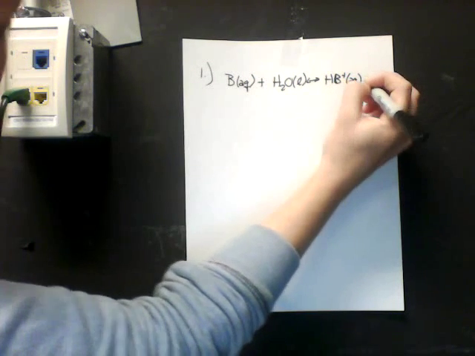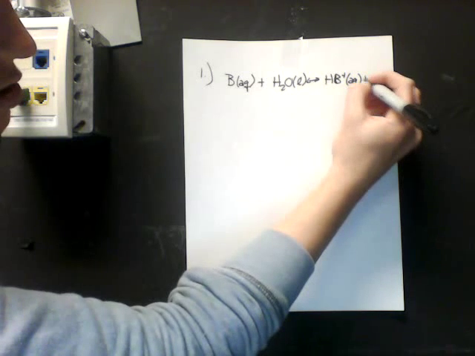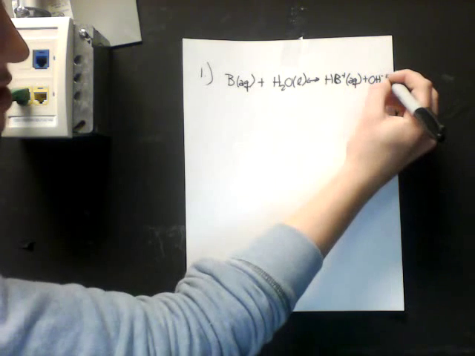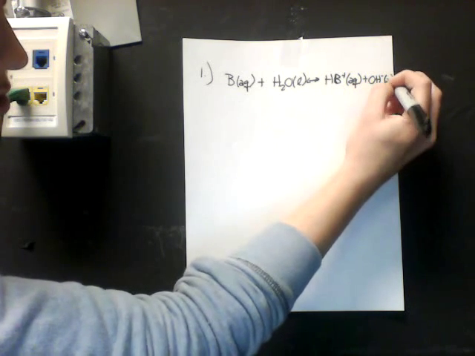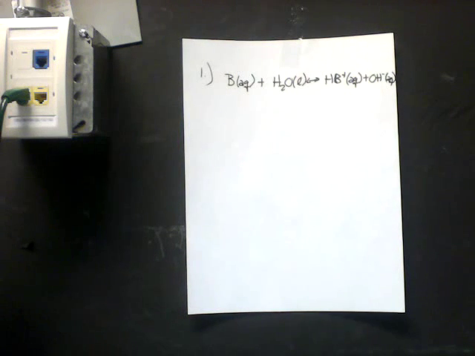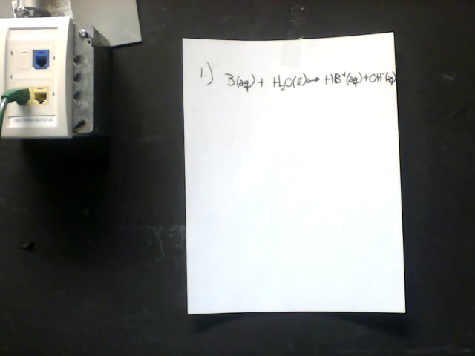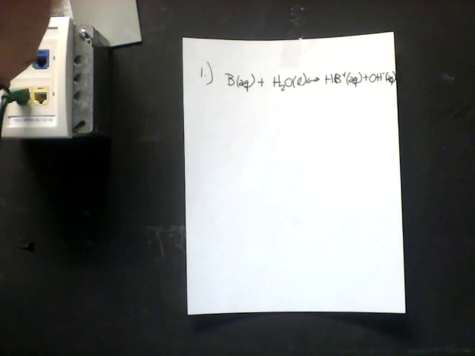A lot of times I do not write the aqueous there because I run out of room, as you can see right there. But just know that almost everything is aqueous except for water. That's normally the liquid. Now, the first problem is talking about Le Chatelier's principle.